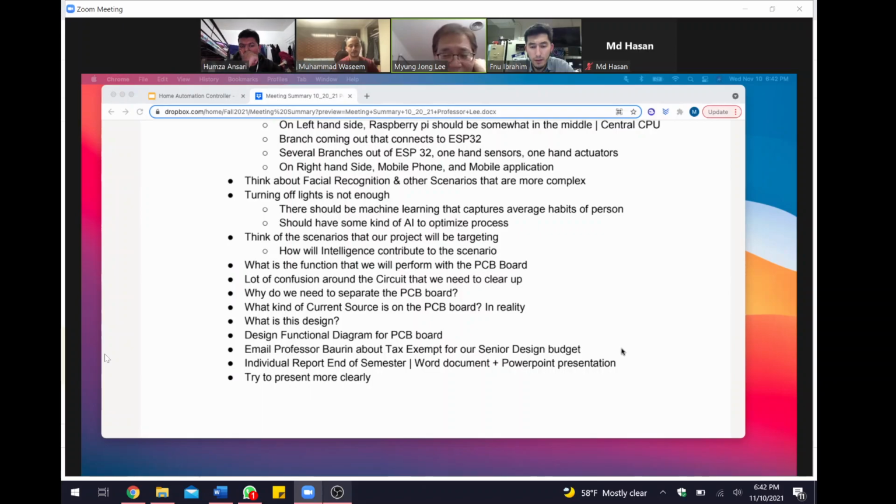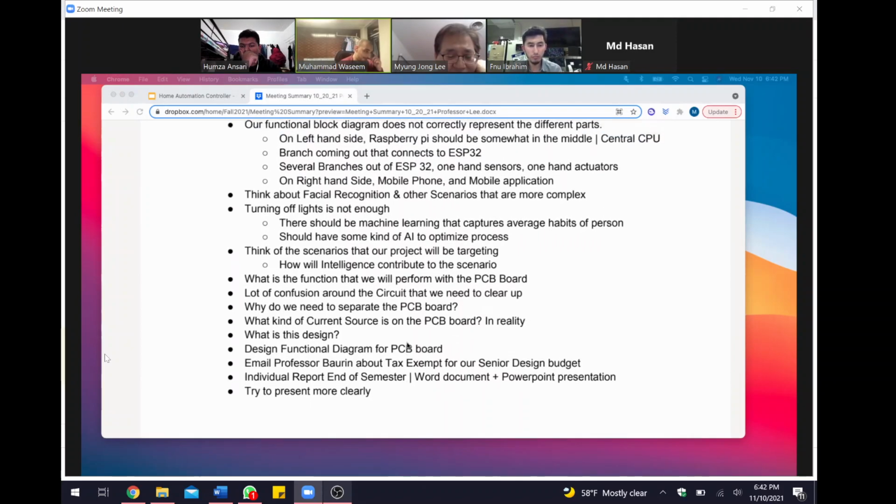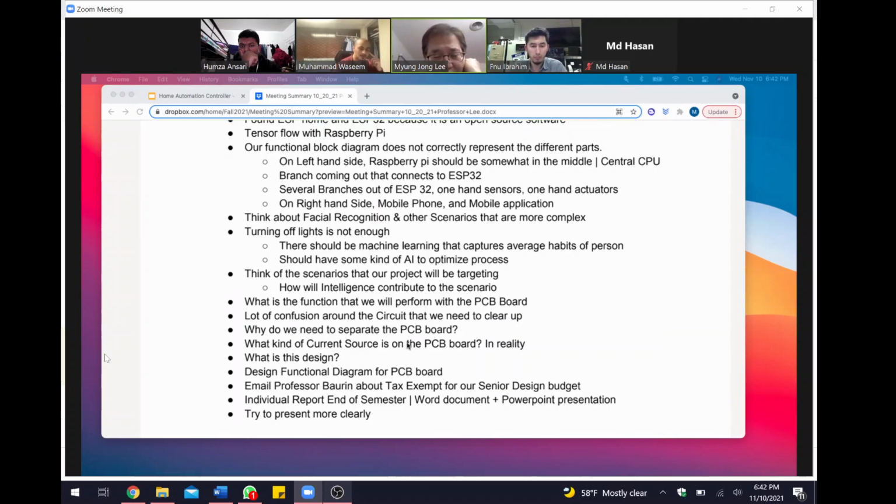Besides the design function, after seeing Ibrahim's, you showed me the function diagram for the PCB. Would you say that's good? You put a good title there. Let's see what kind of current source is on the PCB.